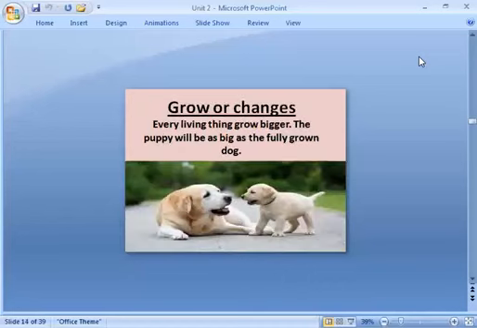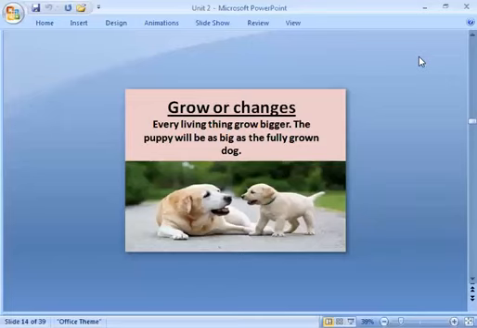Okay, now we learn about grow or change. Do you have any pet in your home? Yes, cat, dog, parrot. Okay. How has your pet changed over time?